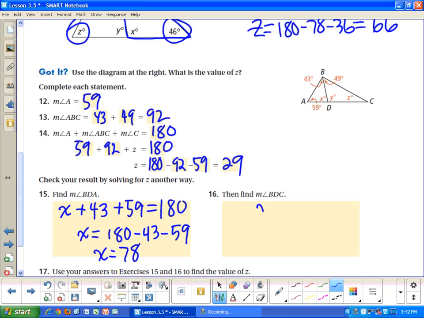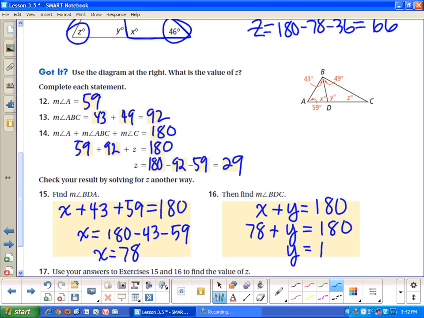To find the measure of angle BDC, x plus y has to equal 180. And x is 78, so 78 plus y equals 180. So y is equal to 102.